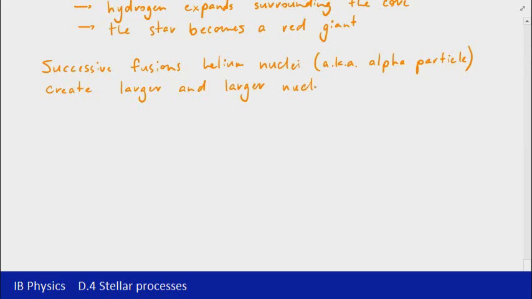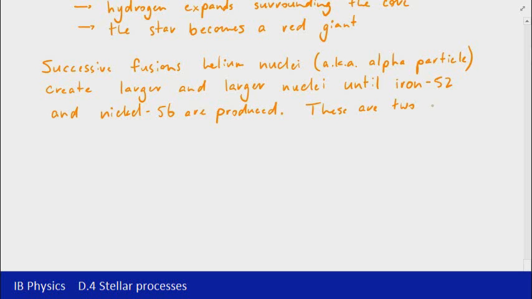we're leading to the point that we get to two particular elements, and if you look in the textbook it only refers to one, but we're going to look at both iron-52 and nickel-56. So until those two are produced, we see this increasing size of the nuclei that are being produced by the fusion. These are two of the most stable isotopes of all of the isotopes that we come across.